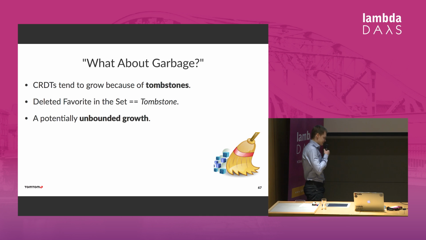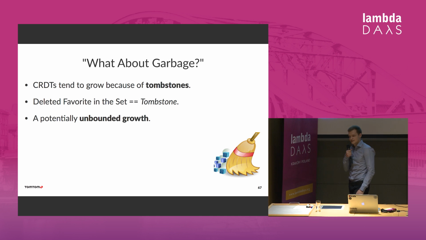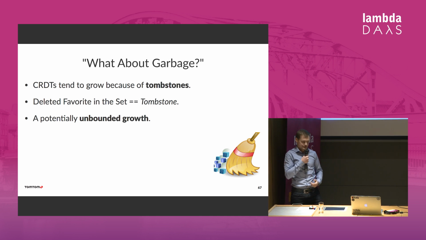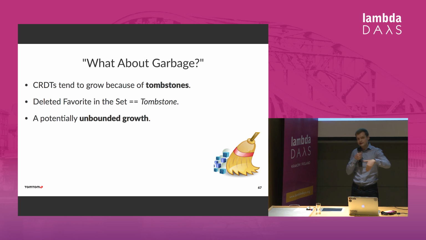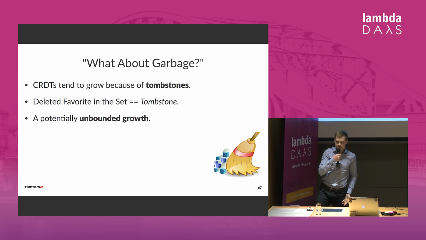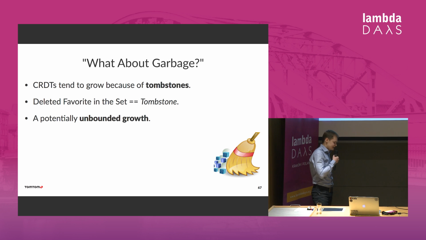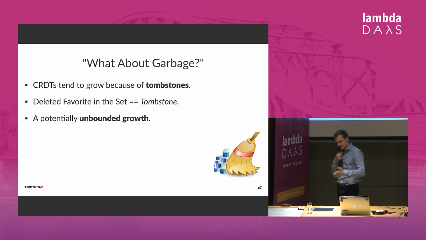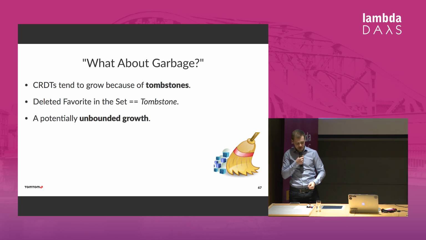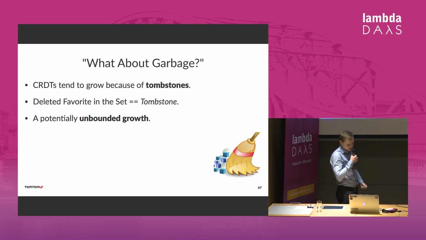So the first, I would say, well-known problem with CRDTs is the growing tombstones in the CRDT set. Every time you delete an element, you produce this tombstone, which is stored in the remove set, and intuitively, the more you perform updates on this set, the more tombstones you create, right?